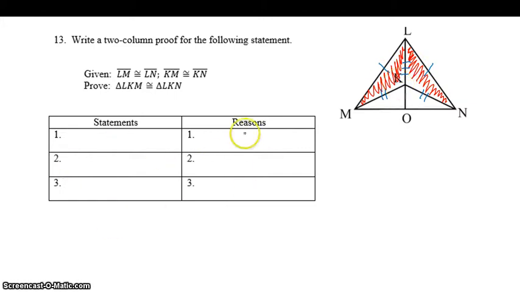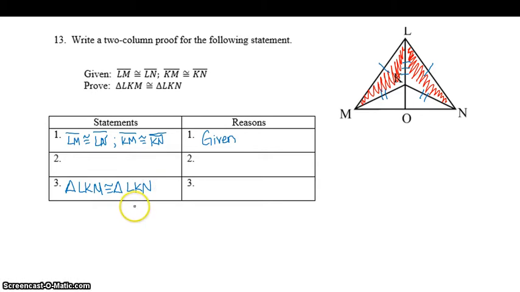So now we just need to put that in a proof. Well, we always start with our given. And that's given. We always put what we're trying to prove as the last statement. So triangle LKM is congruent to triangle LKN.